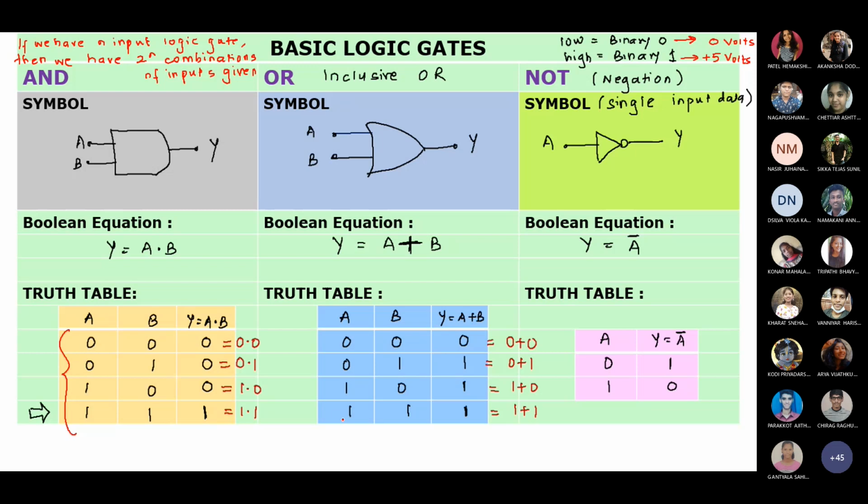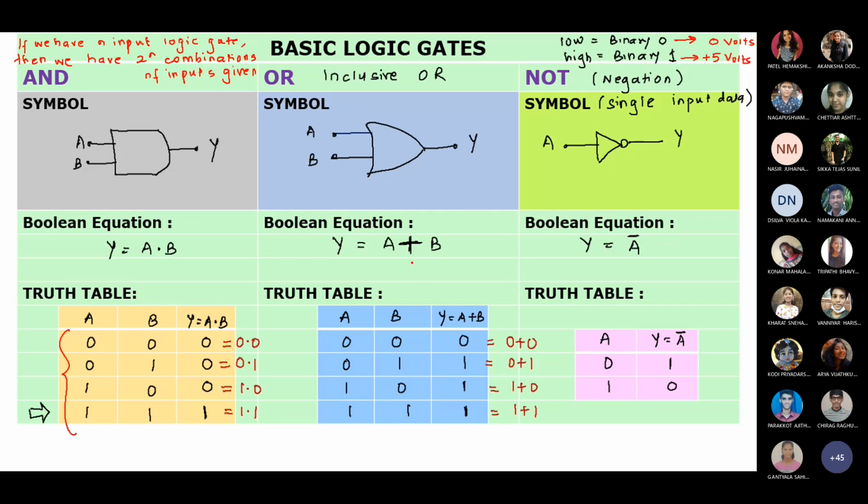Am I clear with AND logic, all of you? Yes, ma'am. Then next is OR. OR is called inclusive OR because we have another OR gate also, which is called exclusive OR, XOR, which we are going to learn ahead. The OR gate symbol is like a fish. It has two inputs A and B, and Y is the output.